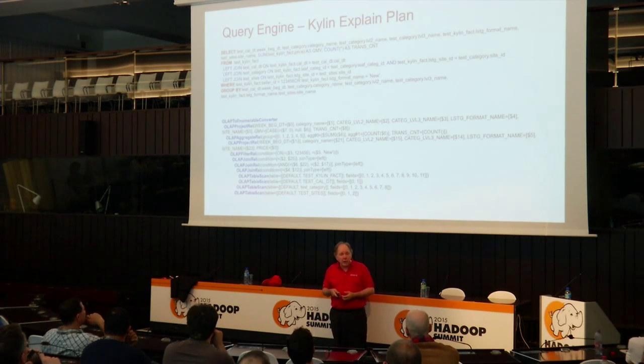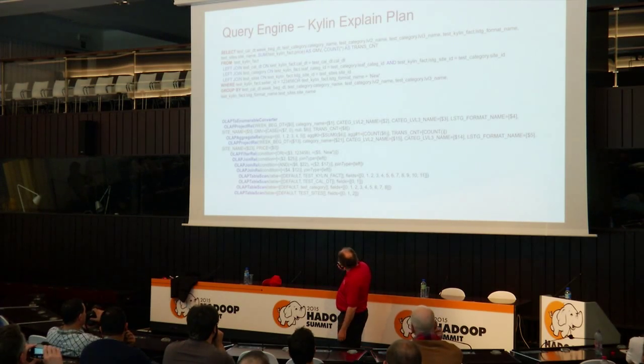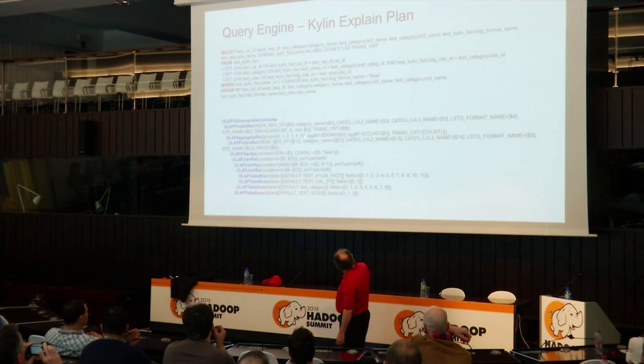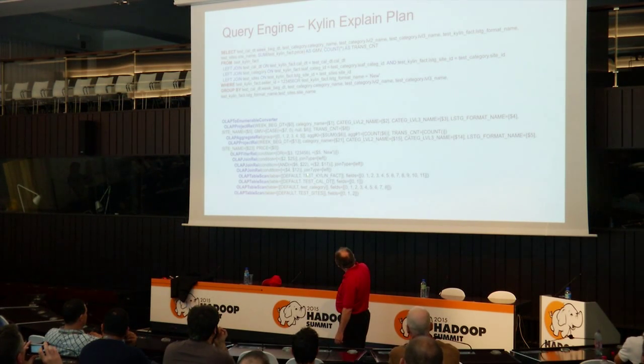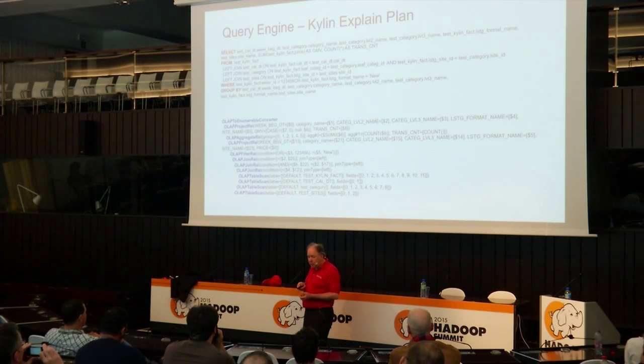It's going only against cubed things, and that's what gives the speed. You can also see inside here, by the way, there are expressions in there, like a case expression and things like that. Here's an equality test. These are the sorts of small expressions that the interpreter inside Calcite can be very useful for.